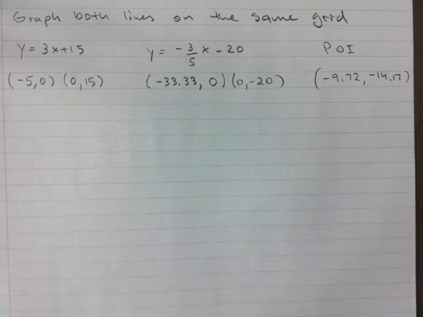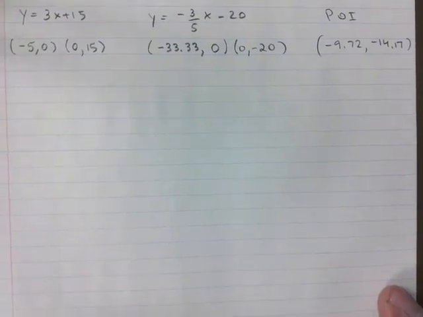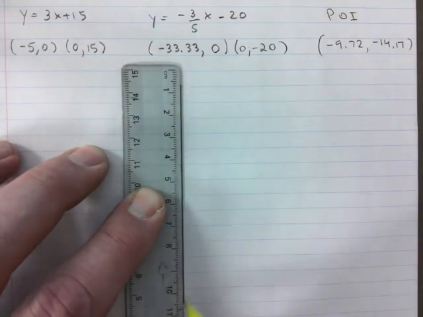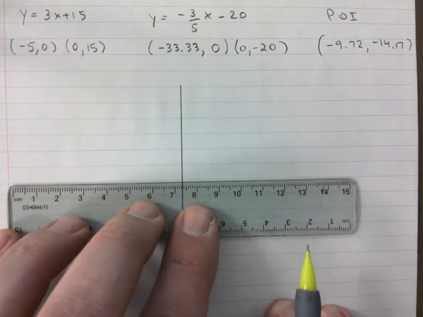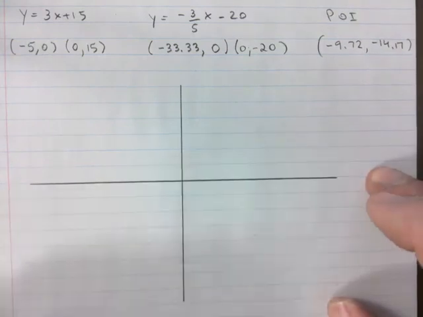And you always look at the space you have. You only have so much space. So I'm looking at, well, I would like to dedicate this bottom page here for this graph. So I'm going to go right down the middle. And I always like to use my horizontal lines as my x-axis if I can.